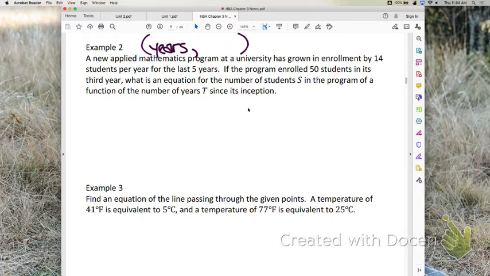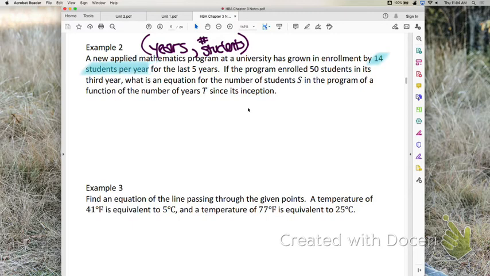So number of students is my y. All right, so given that setup, do we see any information we can pull out from this? A point, a slope, 2 points, any of it? Trey? The slope is 14. Mm-hmm. And in the 3rd year was 50, so that means basically T of 2 would be 50.